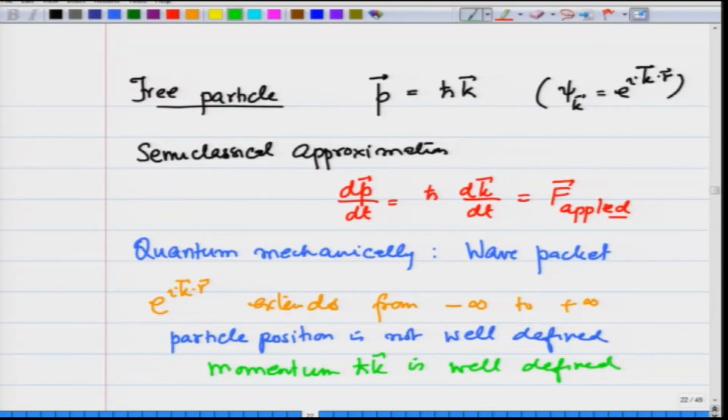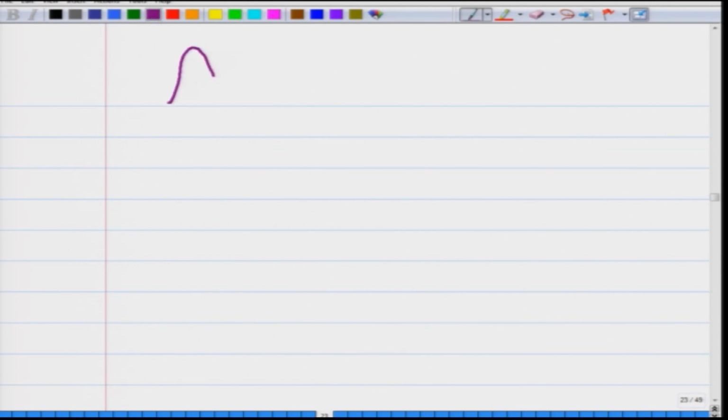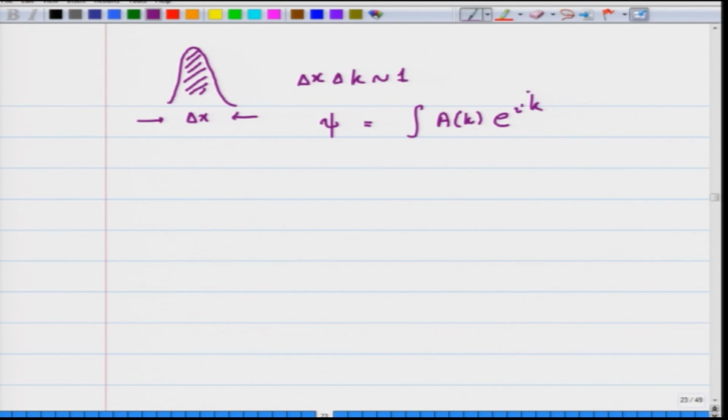So, what we do is we make a wave packet. We make a wave packet within which we say that the particle can be localized within some delta x, and delta x delta k is of the order of 1 by the uncertainty principle. So, its momentum is also spread in some small interval, so that delta k delta x is equal to 1, and the wave packet psi is given as an integral of a(k) e raised to i k dot r dk, and let me specialize to 1D so that things are easy.